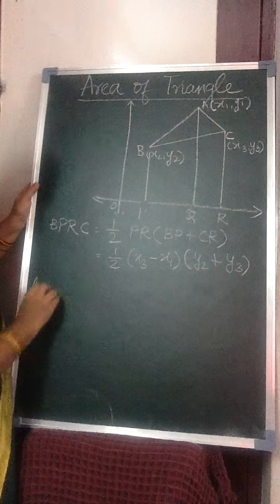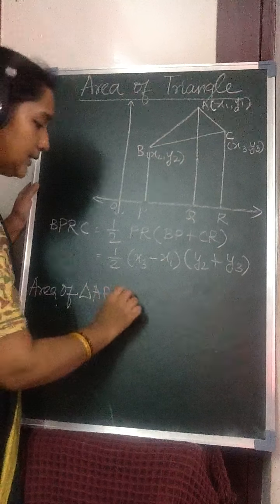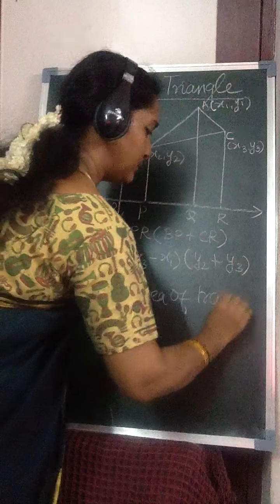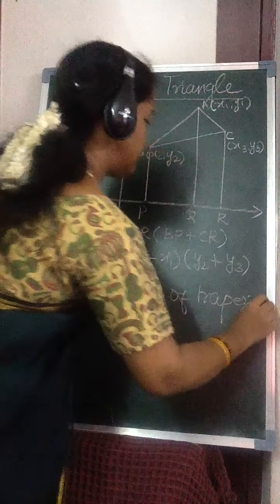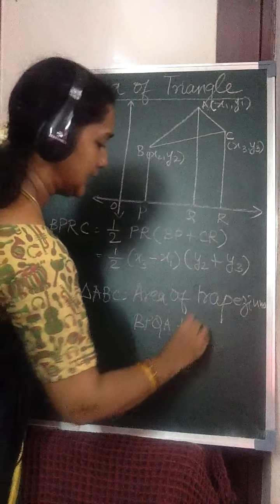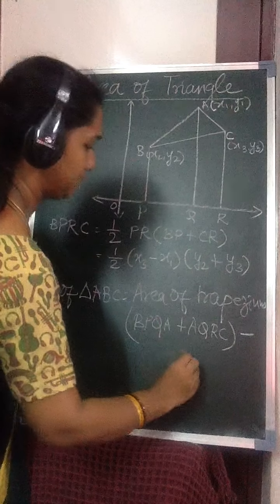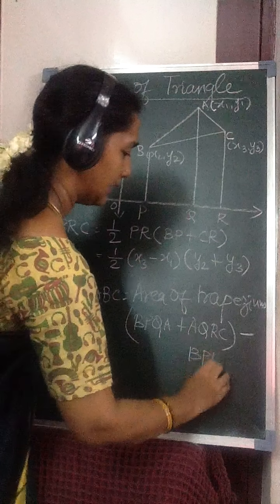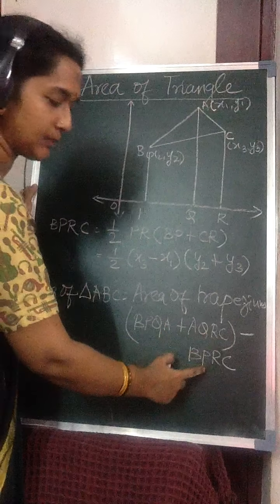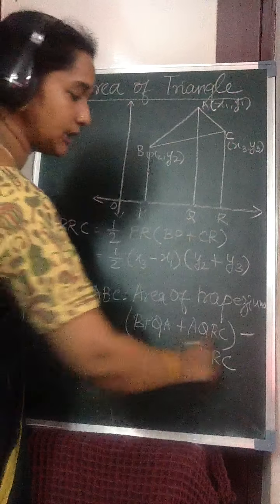That is, area of triangle ABC is equal to area of trapeziums BPQA plus AQRC minus BPRC. When you add these two trapeziums and subtract this trapezium part, you will get the area of triangle.